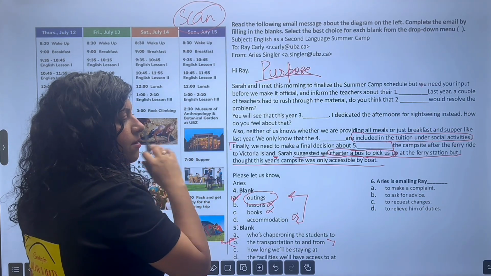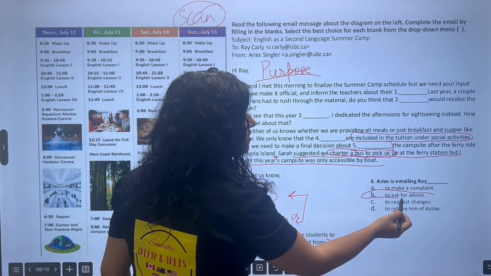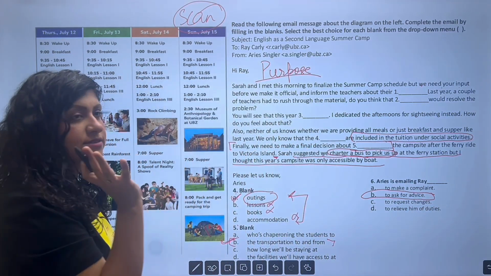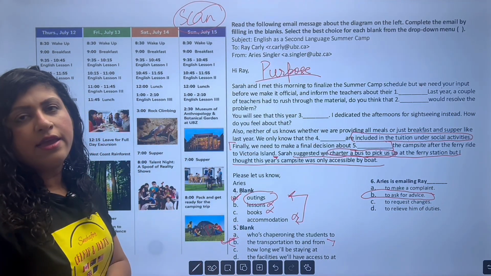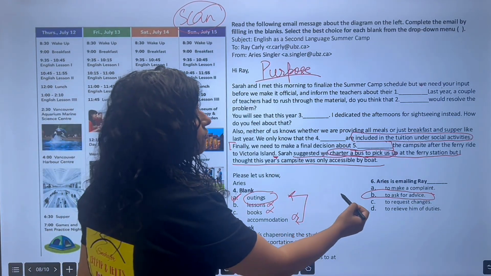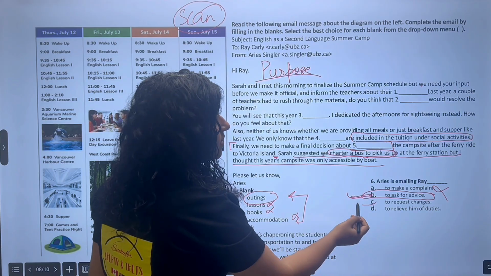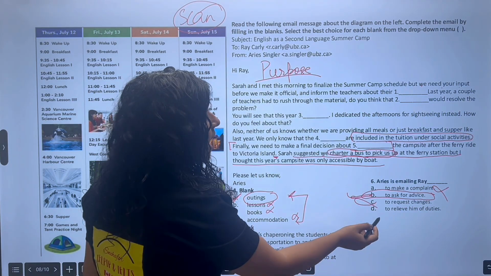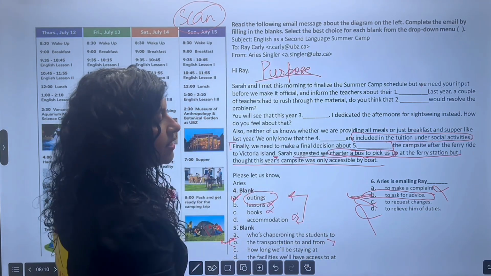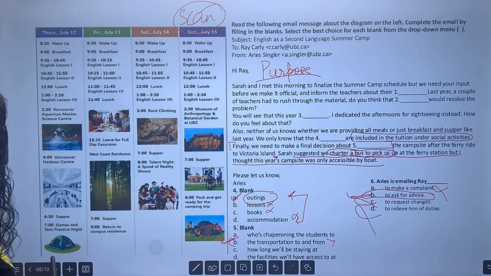If they need input, that means they are asking for advice. That is the reason why Aries is writing an email to Ray, right? So that would be to ask for advice. She's not making a complaint, not making any request for changes, and neither relieving Ray of duties, right? So that would be the correct answer.